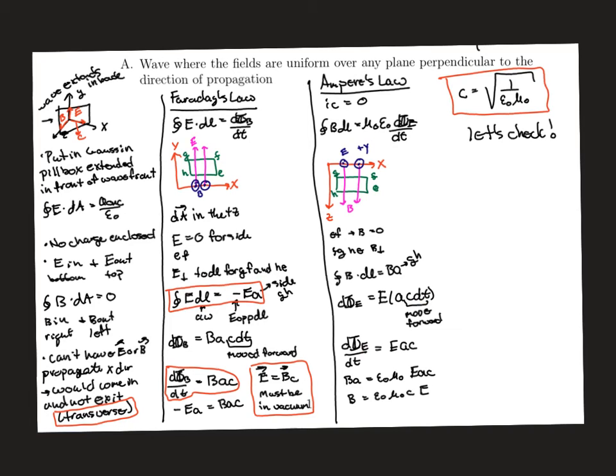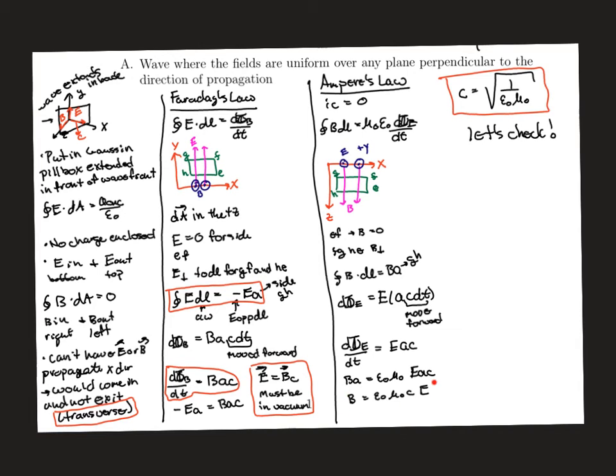Once again, we divide by the change in time on both sides to be able to set up the electric flux changing with time. And then we set the two relationships equal. You've got to remember these constants out front. And we end up with this relationship here.